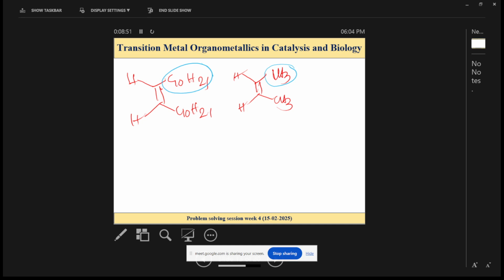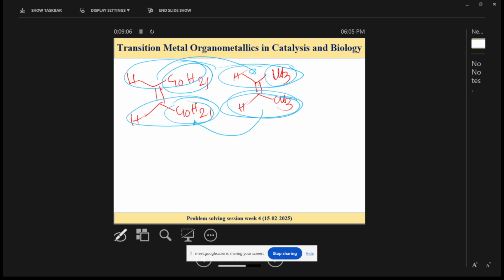So what will be the product? If we cross this with this, and this with this, it is done by the cross metathesis reaction.